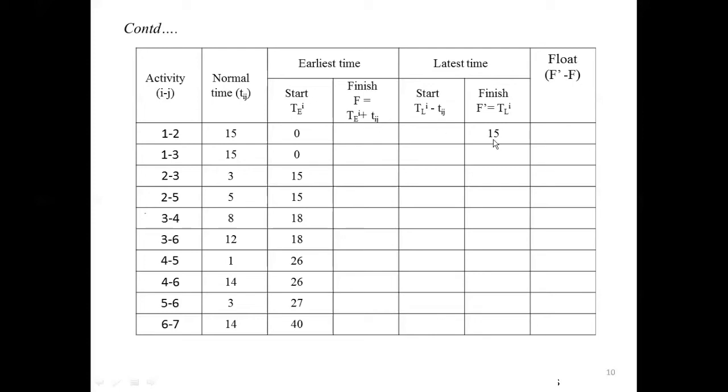We have 15, that is in the triangle. Then similarly for activity 1-3, we have 18, for 2-5 we have 37. For the remaining activities, we have 26, 40, 37, 40, 40, 54.